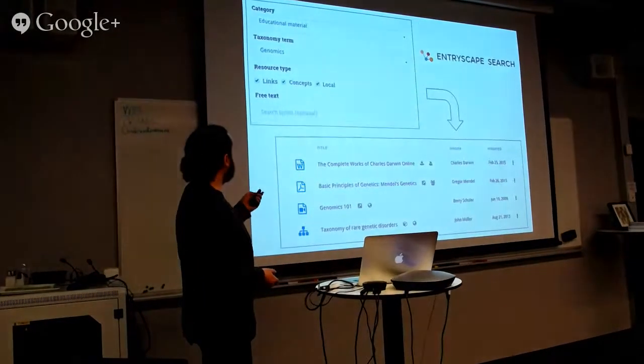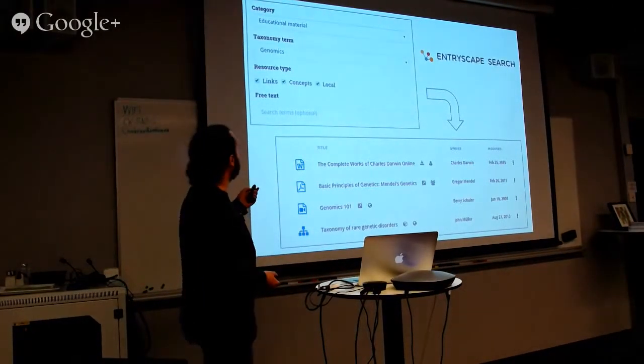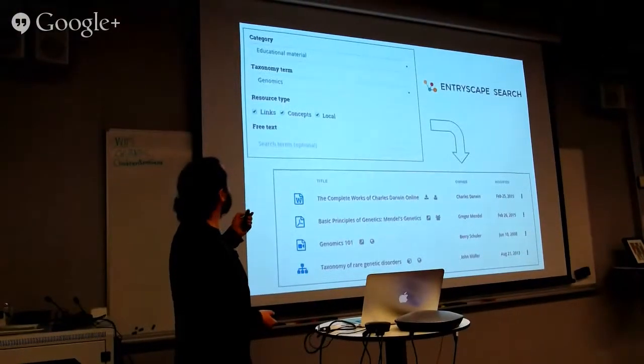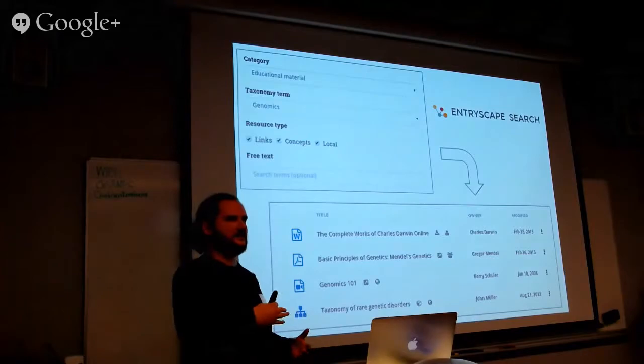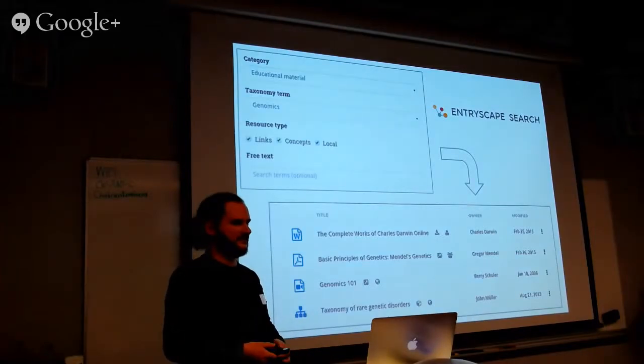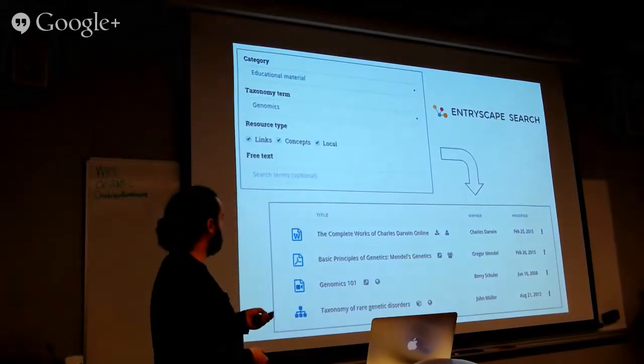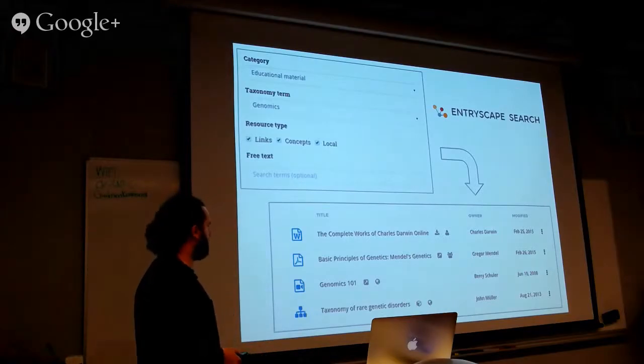And here I don't even have to enter any search term, because the terms up there, or the categories, are already enough to filter out the relevant resources. So I get a search result which actually matches my criteria here.